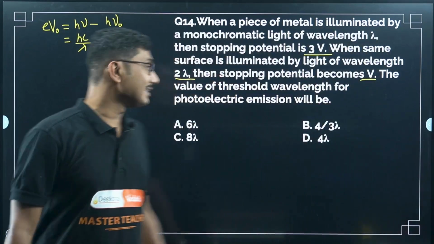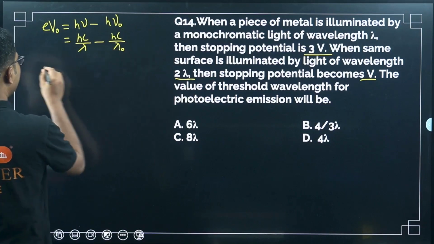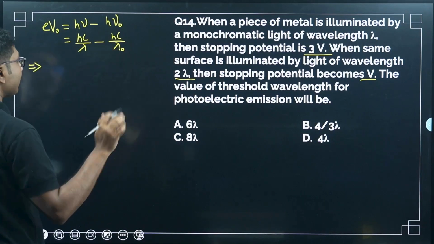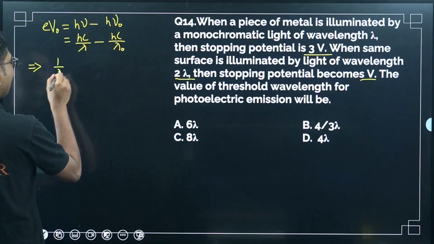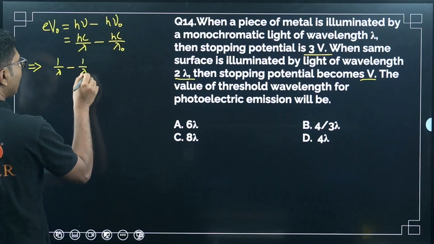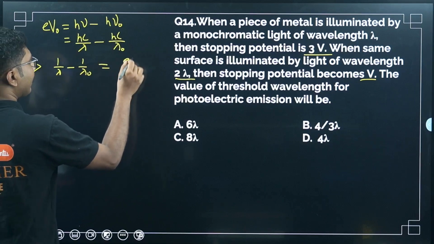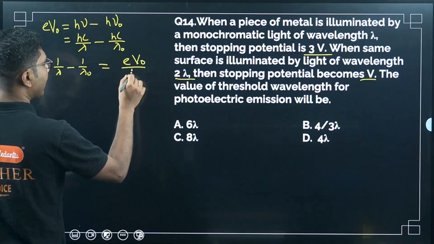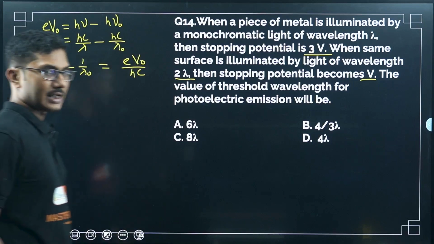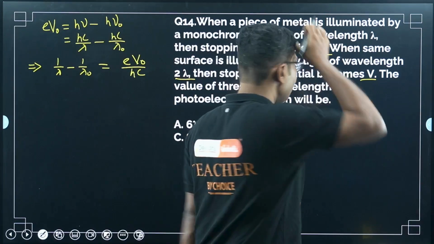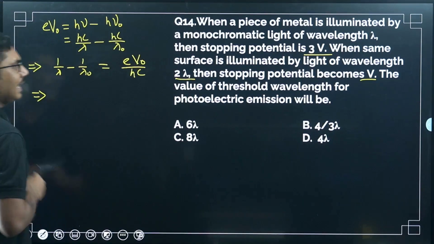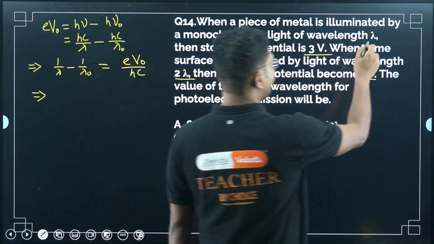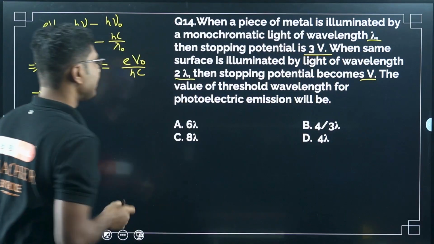We are already solving using this relationship. Now, let me rewrite this equation particularly for this question. I will write 1 by lambda minus 1 by lambda naught. What I have done, I have taken the hc common and divided it on the other side. They have given initially the wavelength was lambda and the stopping potential is 3V.